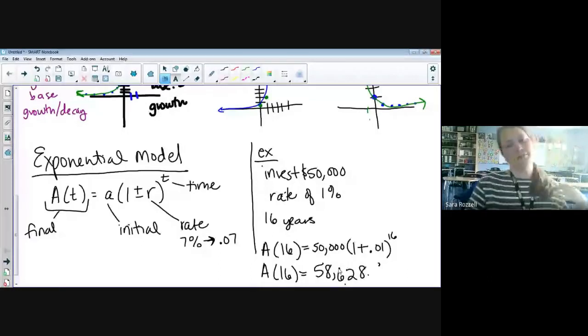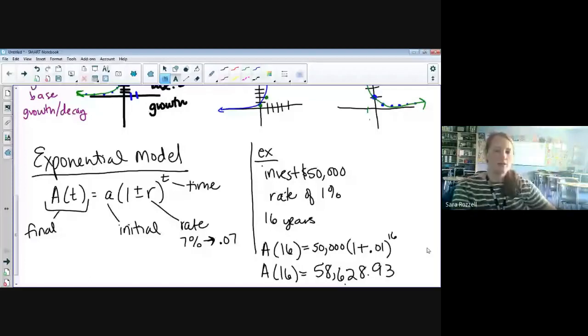So after 16 years, our money increased by almost $9,000. So that was $9,000 that the bank just gave you for letting them have your money in the bank for that amount of time. So if we are increasing, we use the plus sign. If we are decreasing, we are going to use the minus sign.